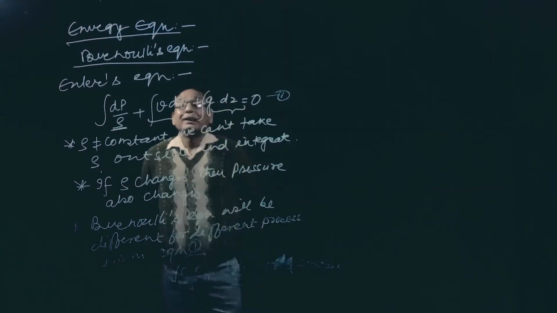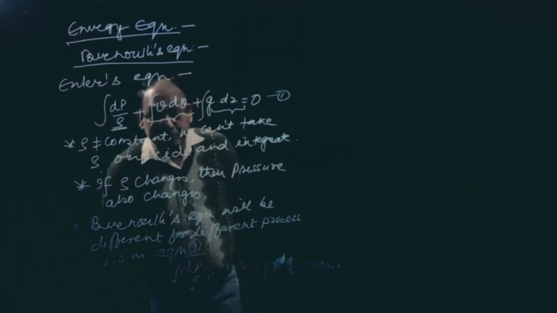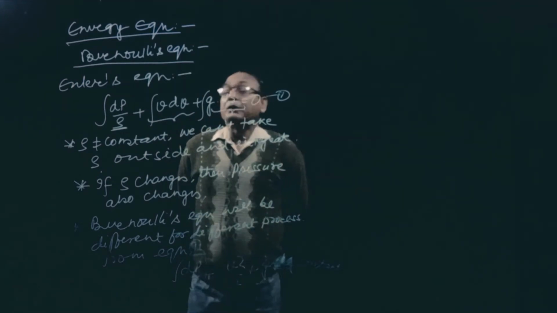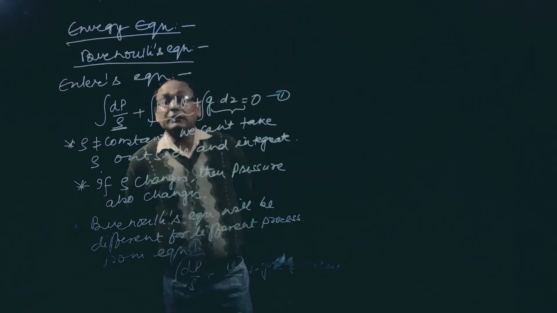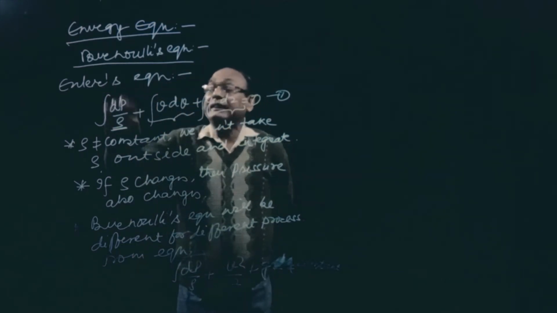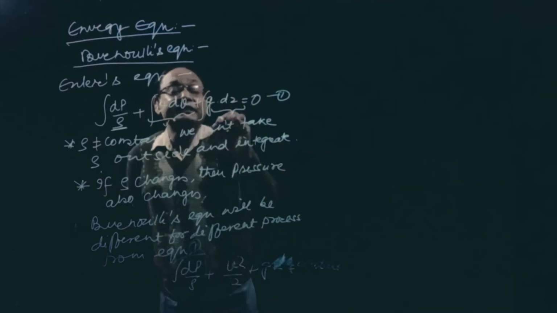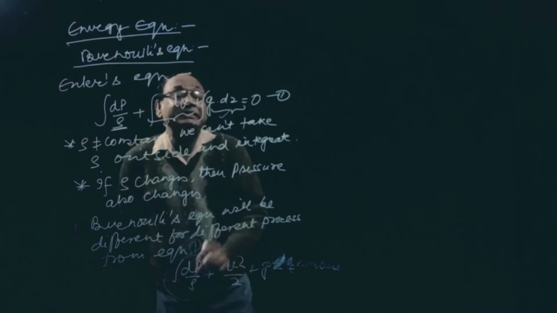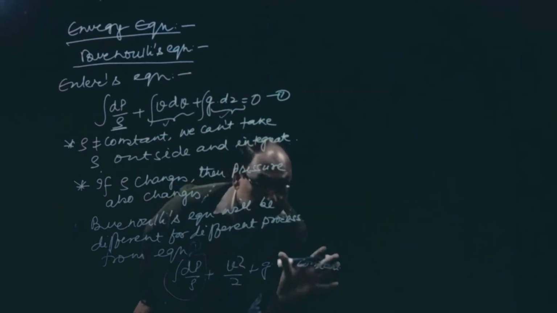We cannot take rho outside and integrate dp because density is not constant; if density changes, pressure also changes. But we can integrate the other two terms, that is v square by 2 plus g into z, which is constant.